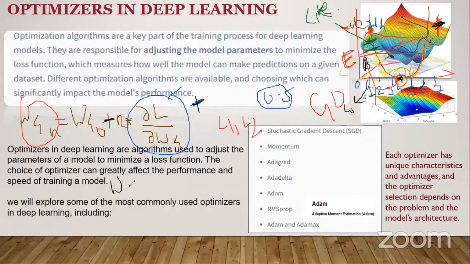Again, when I'm trying to calculate the new weight for weight 3, it will be based on the same thing: weight 3 old weight minus eta, okay, this is eta, multiplied by the derivative, which is the derivative of loss with respect to weight W3. Clear, guys?